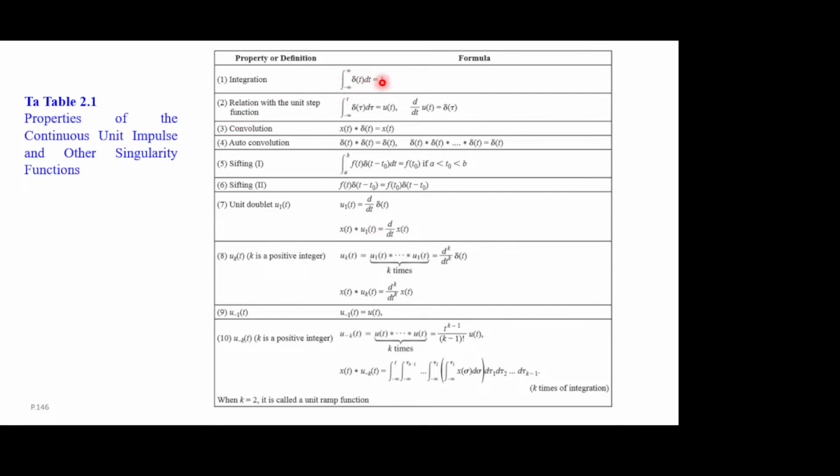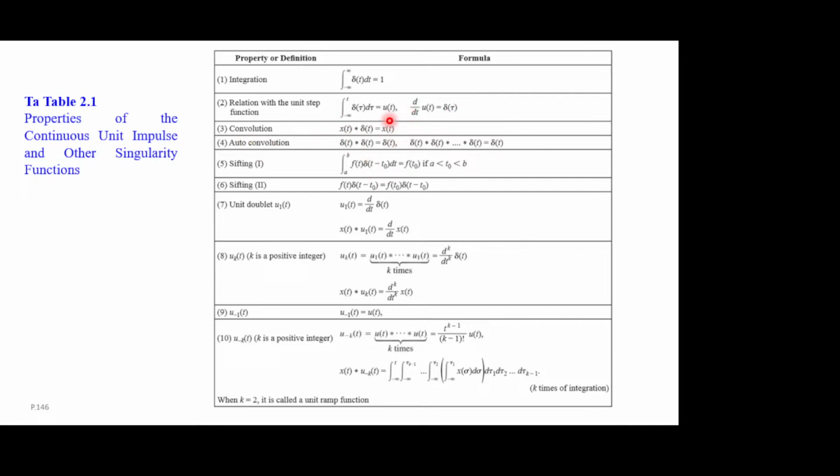Some properties of the delta function: when you integrate over the delta function, it becomes 1. And when you integrate the delta function up to some t, it becomes u of t. So you integrate the delta function and get the unit step function, and you differentiate the unit step function and get the delta function.